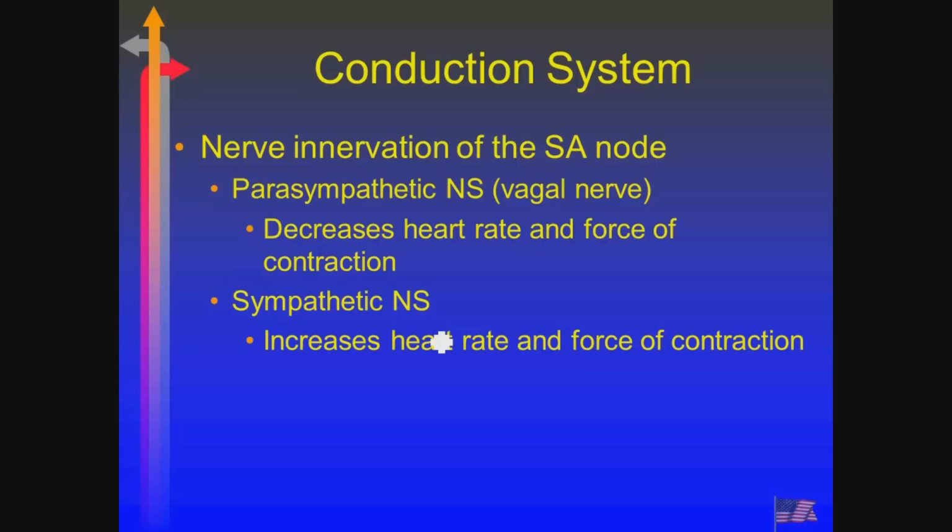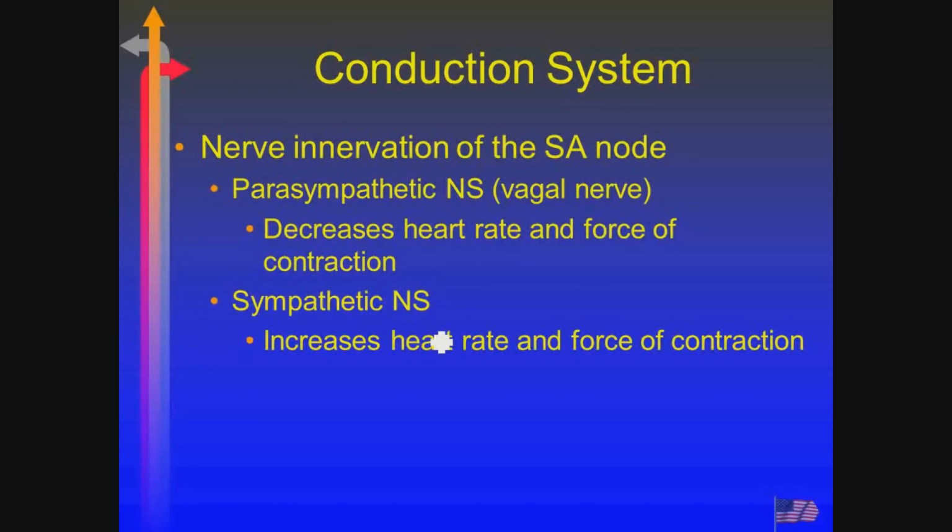The sinus node is innervated by both the vagus, parasympathetic stimulation, as well as the sympathetic stimulation. So the body has the ability to increase or decrease heart rate when necessary. Being chased by a crazy man with a knife, it's sympathetic stimulation, fight or flight.